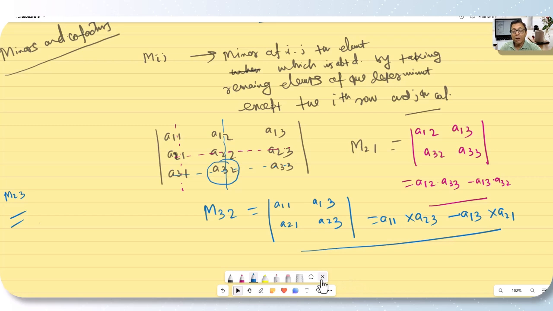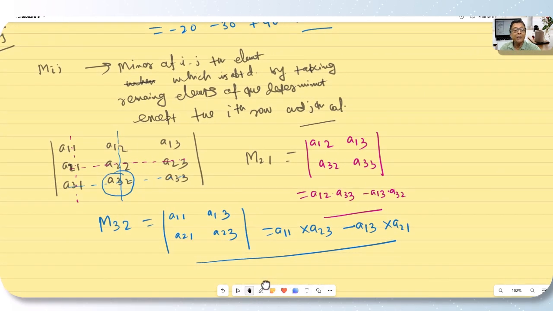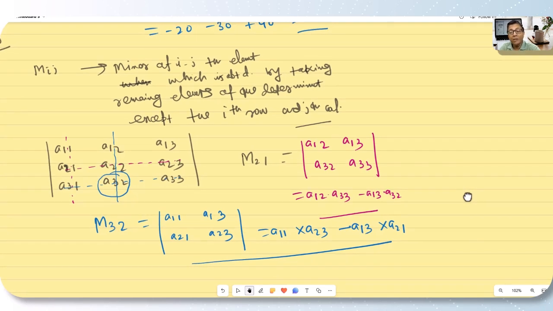Now we learn how to calculate the cofactor of an element of a determinant. We found the minor of a particular element. Now we are going to define cofactors of elements.